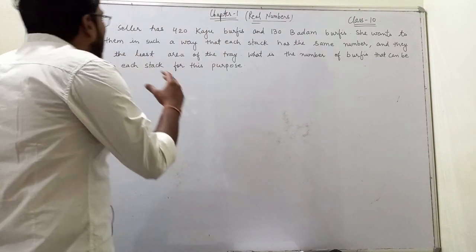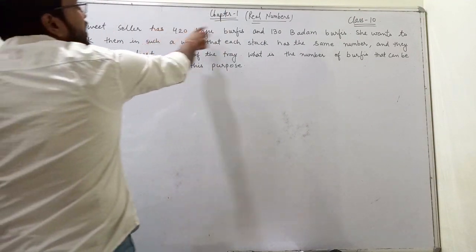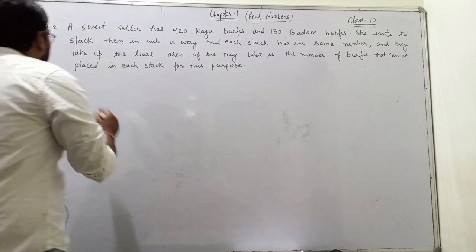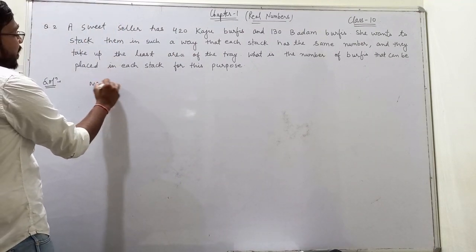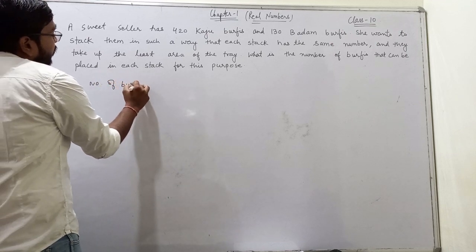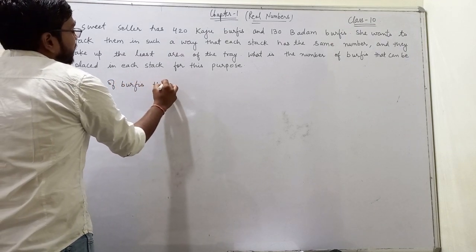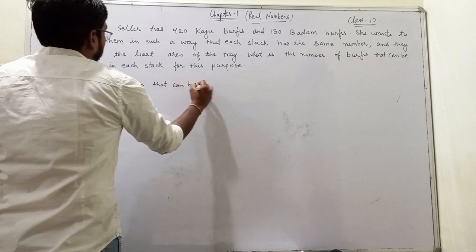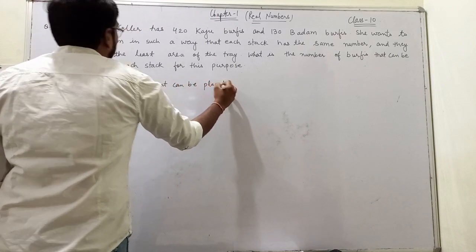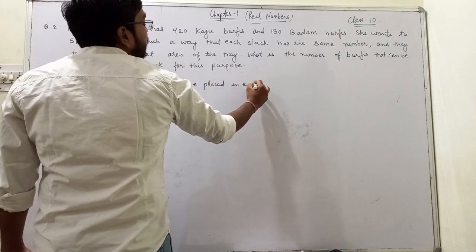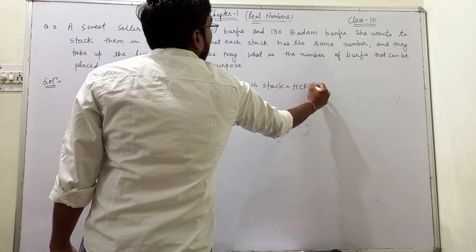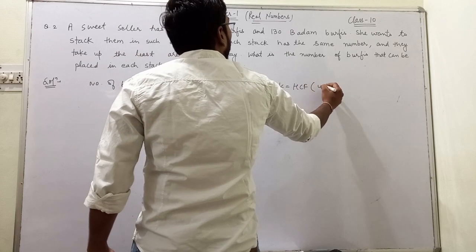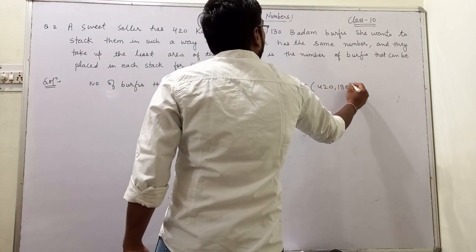So in this problem, we will find the HCF of these two numbers. We need to write: number of burfis that can be arranged in each stack equals HCF of 420 and 130.